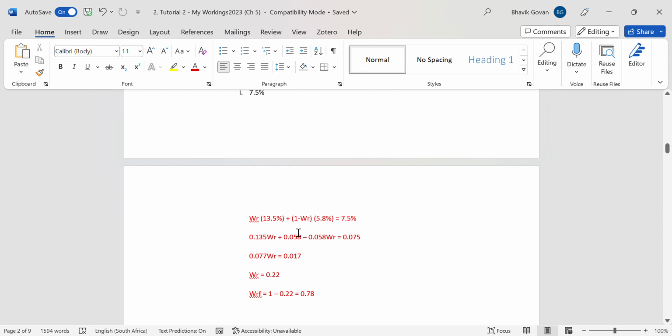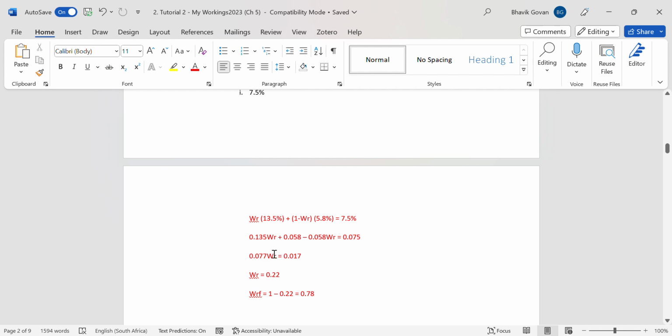I can expand everything out, so I'll get 0.135 times the weight in the risky portfolio plus 0.058 minus 0.058 WR, or weight in the risky portfolio, which should equal 7.5%.